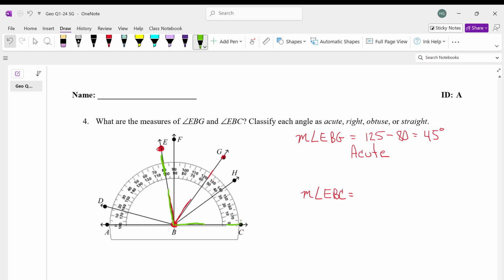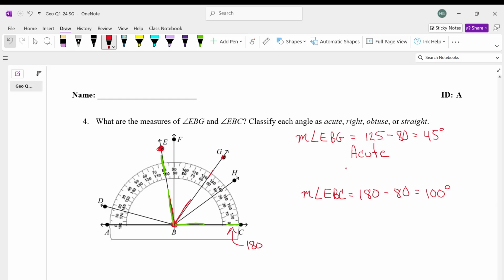Okay? So if I use the outside set of numbers again, we go 150, 160, 170. This is 180 right here. So I take 180 and I subtract 80. And 180 minus 80 is 100 degrees.